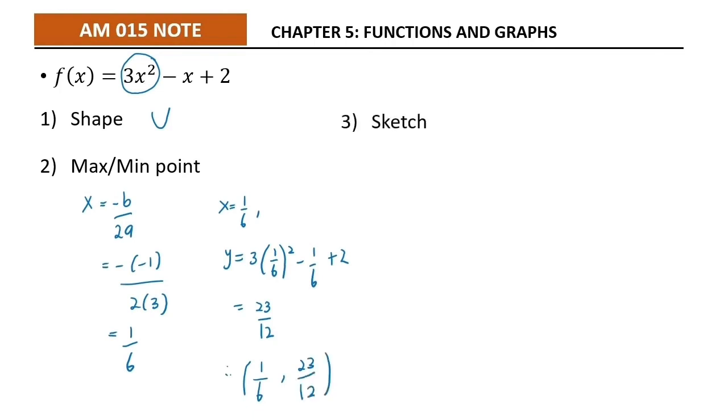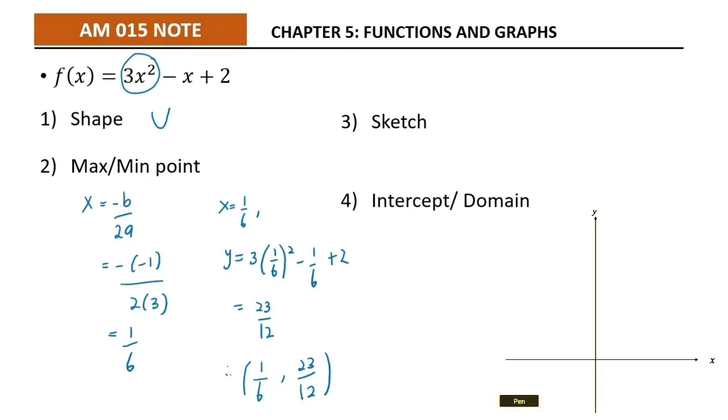Sketch the graph, then find the intercepts. The shape of the graph is a smile. The minimum point is (1 over 6, 23 over 12). This graph is a smile graph, so it's going up, and this is the minimum point.